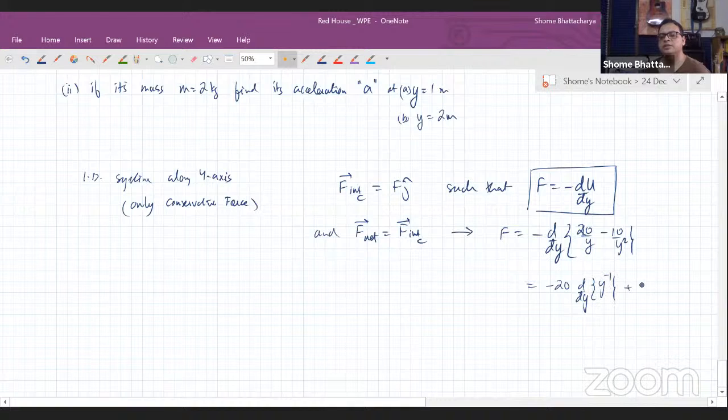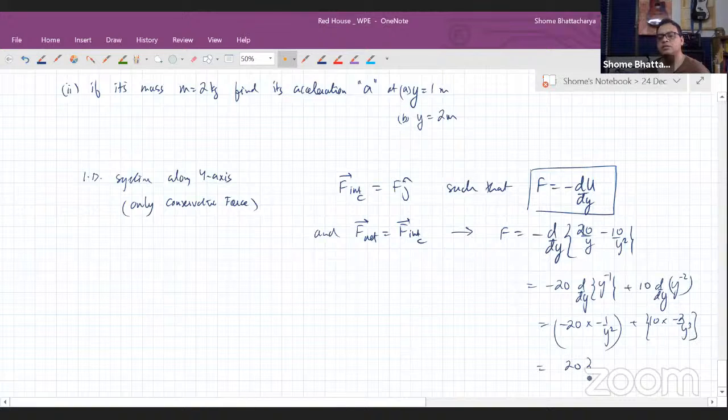And this will become minus minus plus of 10 into differentiation with respect to y of y to the power minus 2. So as you can see, this will become 20 into minus 1 by y square plus 10 into minus 2 by y cube. So it will become 20 times (1 by y square minus 1 by y cube).